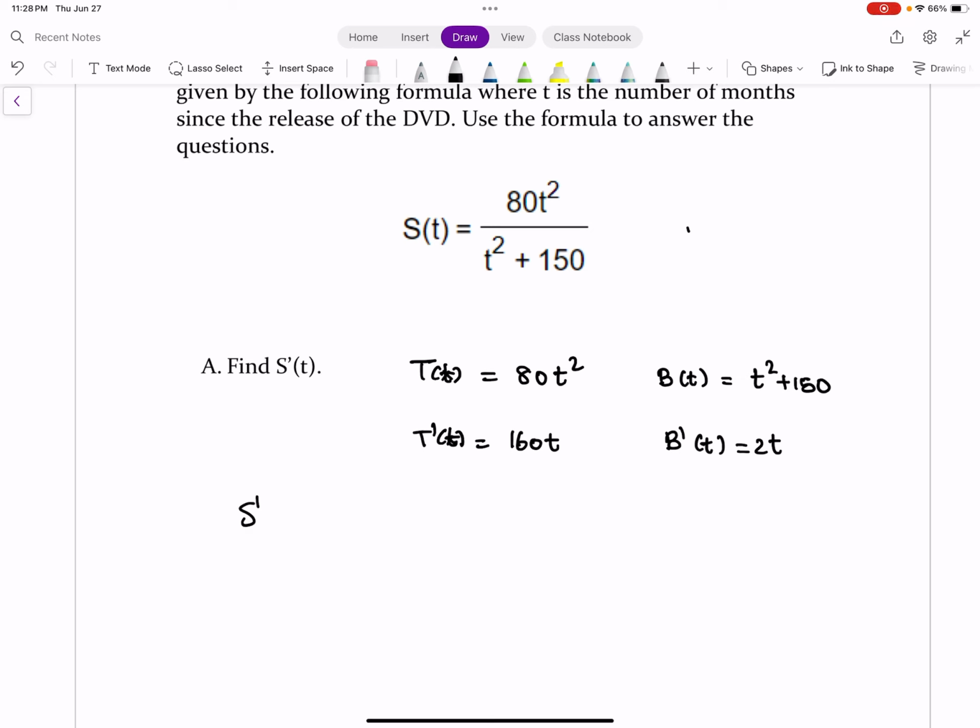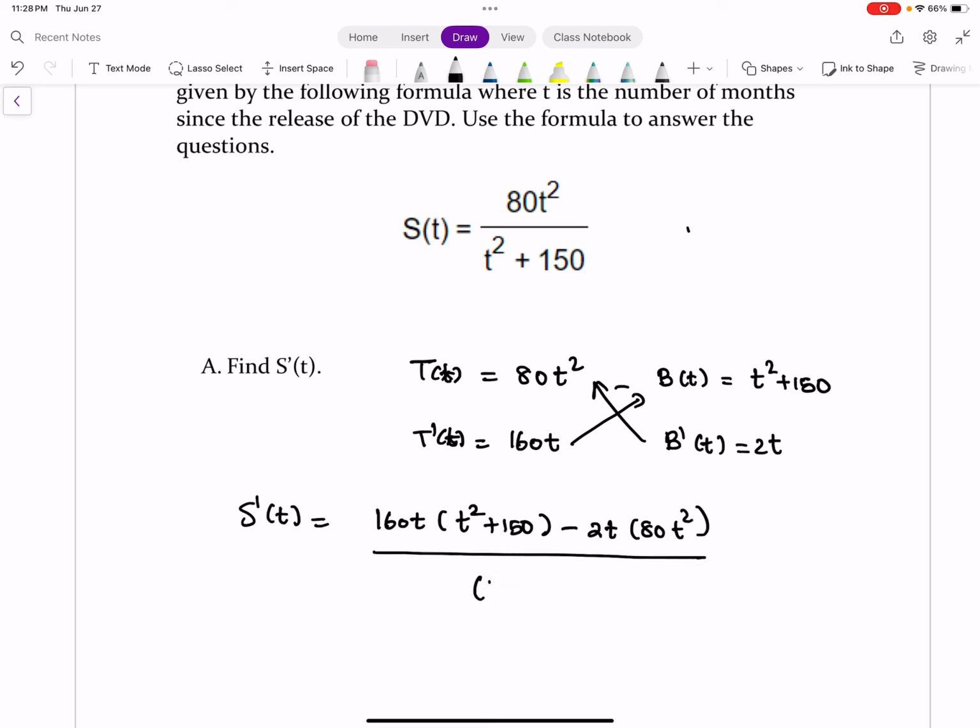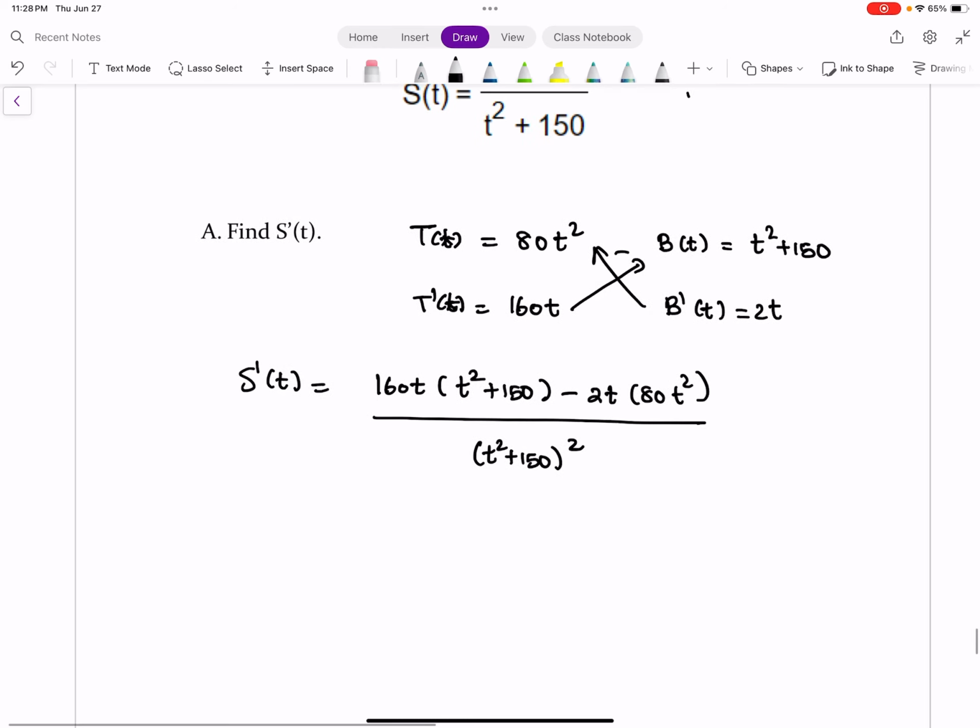Then the derivative of the sale is the derivative of the top multiplied by the bottom, and minus the top multiplied by the derivative of the bottom: 36t multiplied by t squared plus 150, minus 2t multiplied by 18t squared, over t squared plus 150 the whole square. So we need to simplify the top one.